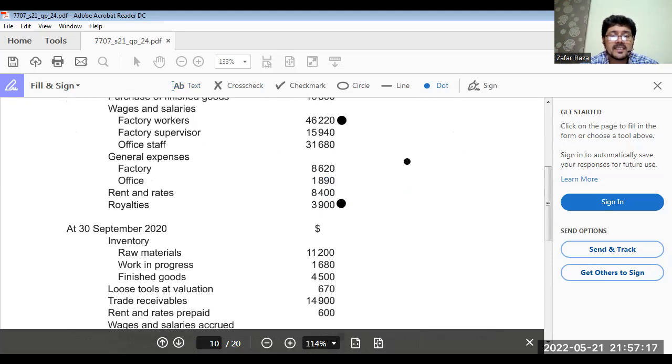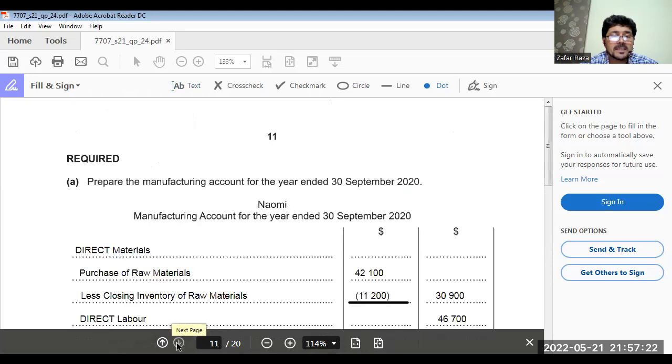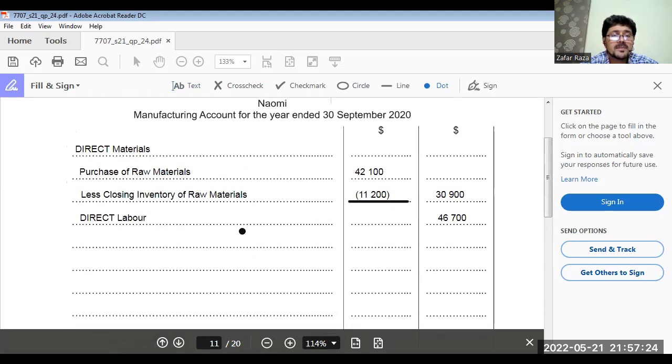Royalties 3,900. Direct material, direct labor, and direct expense. So we have to add over here direct expenses, royalties 3,900.